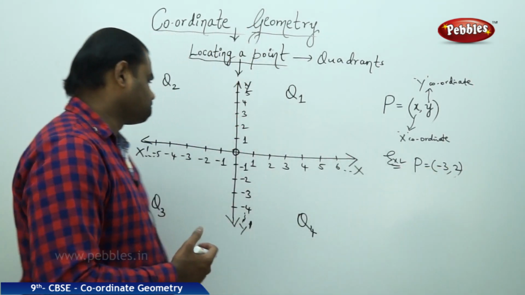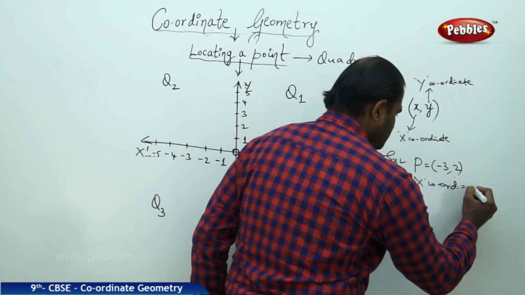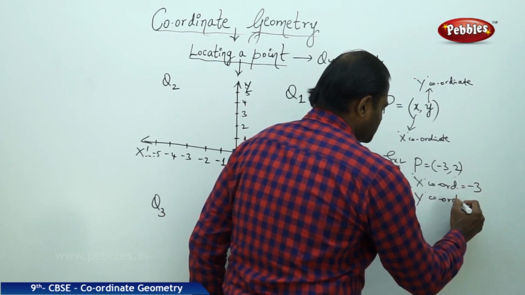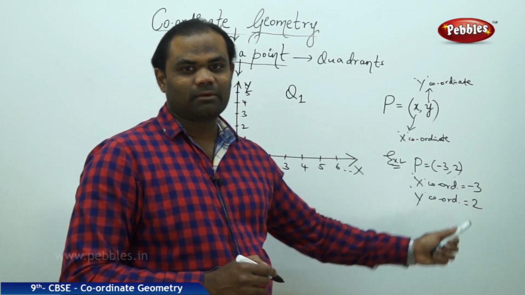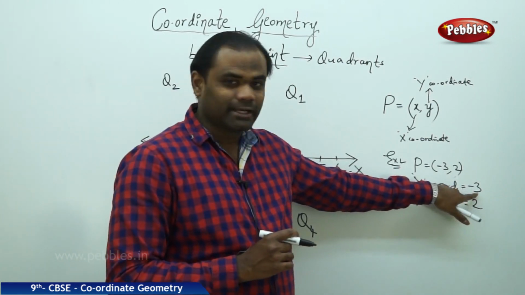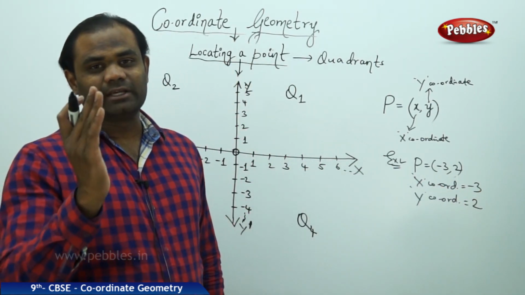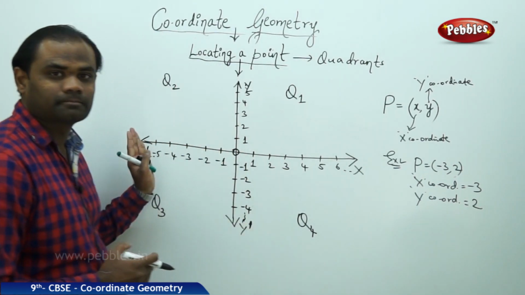Therefore, my x coordinate is minus 3 and my y coordinate is 2. As the x coordinate is negative in this example problem, I understand that the x value lies on the left of the origin.